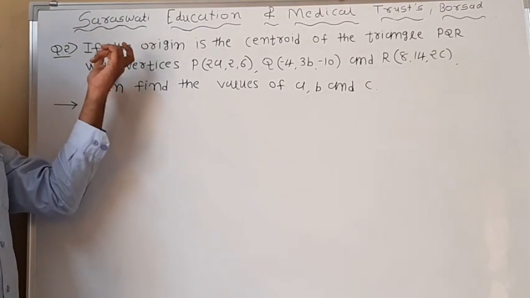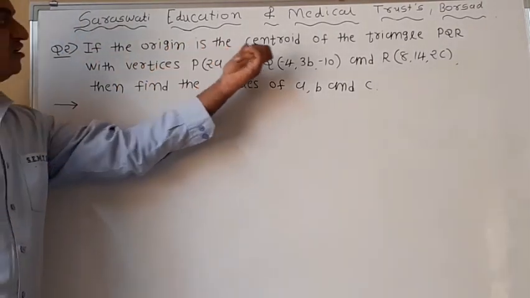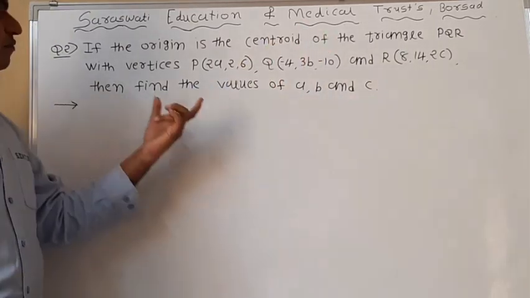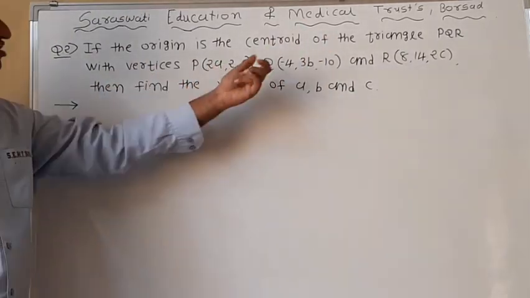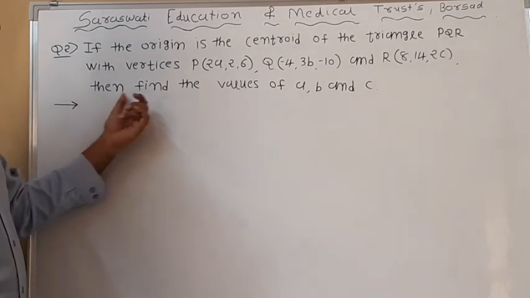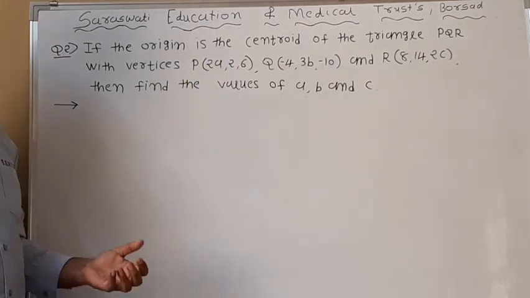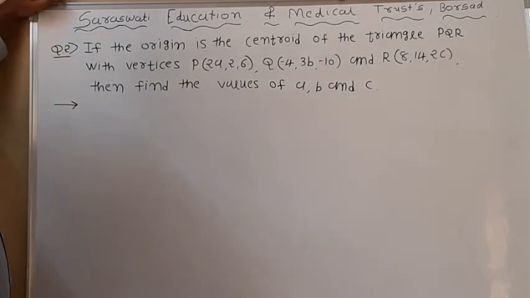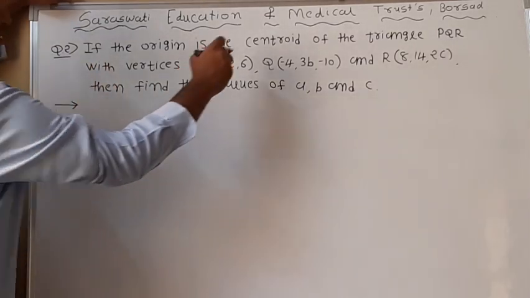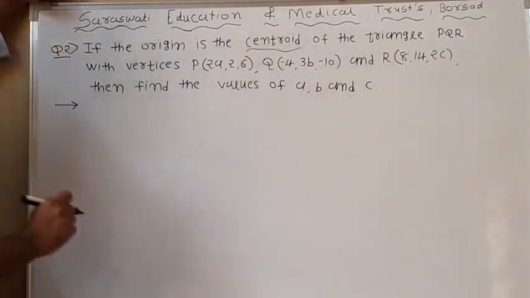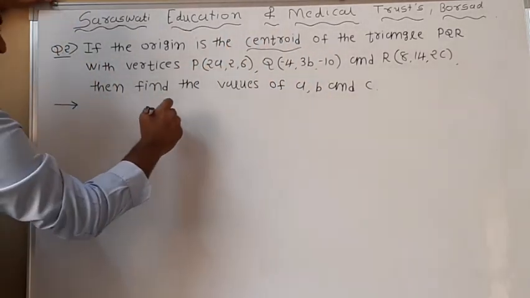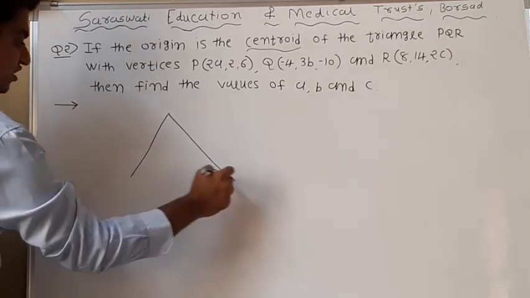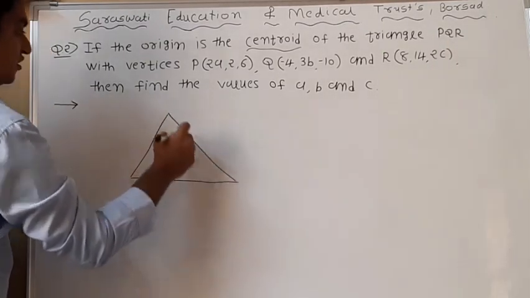Now the next question: if the origin is the centroid of the triangle PQR with vertices P, Q and R, then find the values of a, b and c. So first of all, what is the meaning of centroid? Suppose one triangle is given.